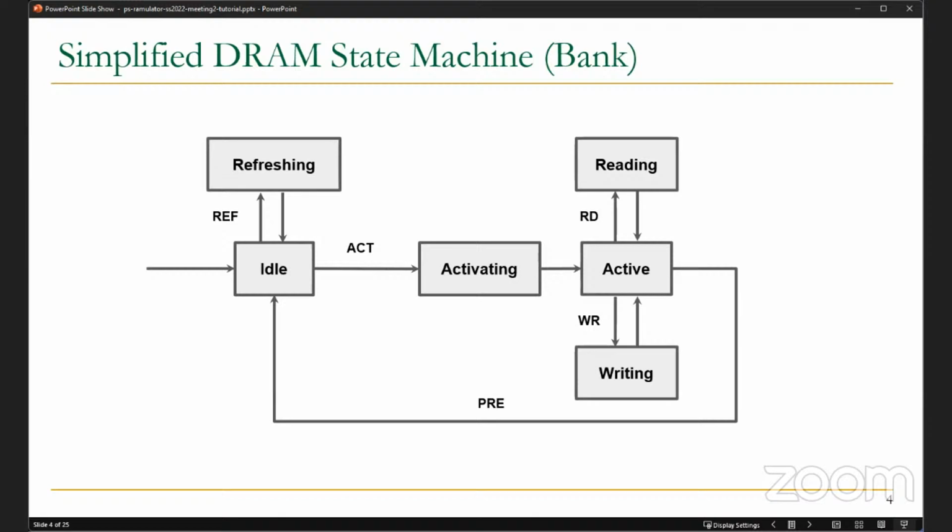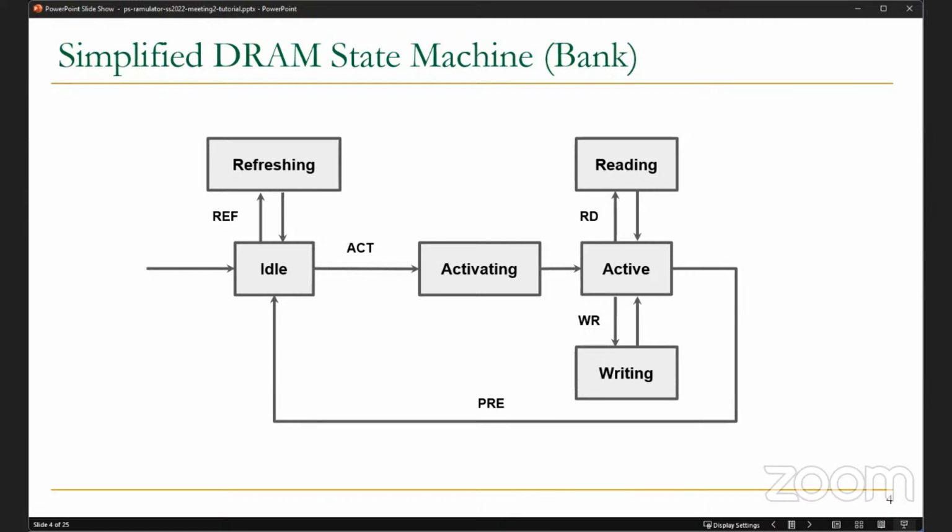In the row opened active state, the DRAM can receive read or write commands and transit into the corresponding reading or writing state. When the DRAM is in active state, it can also receive a precharge command to essentially close the bank and return to the idle state. And of course, when it's in idle state, if it receives a refresh command, it will enter the refreshing state and wait for tRFC and transit back to the idle state.